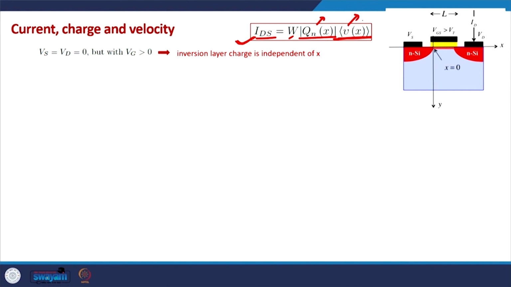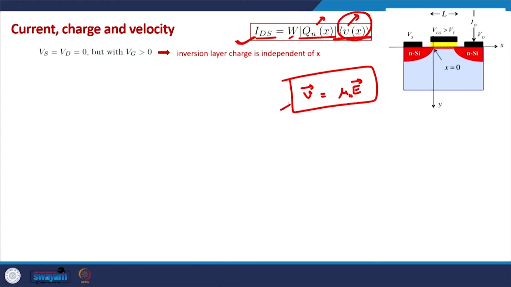In the traditional theory, the velocity of a charge carrier is given by the electric field times the mobility of the charge carrier. So in the case of electrons, the velocity is the mobility of electrons times the electric field in the device.